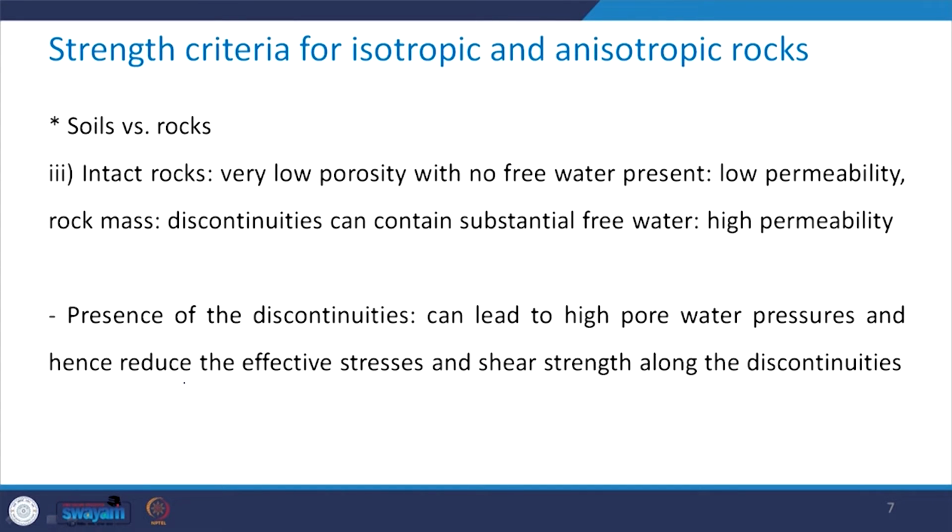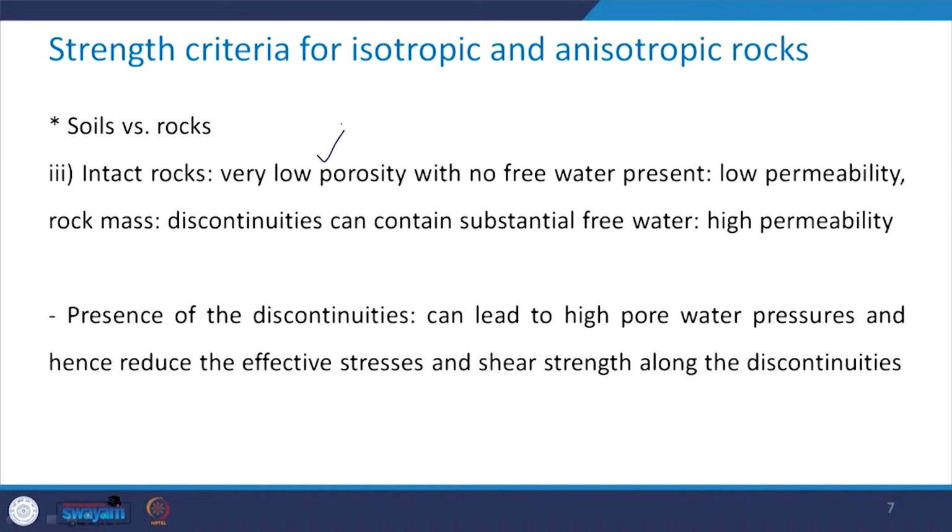Then the third aspect which makes the rocks different from the soils is that in case of the intact rock, you have very low porosity with no free water present, and this results in low permeability. What happens in case of the rock mass? You have the discontinuities, and these can contain substantial free water, and as a result the permeability of the rock mass becomes very high.